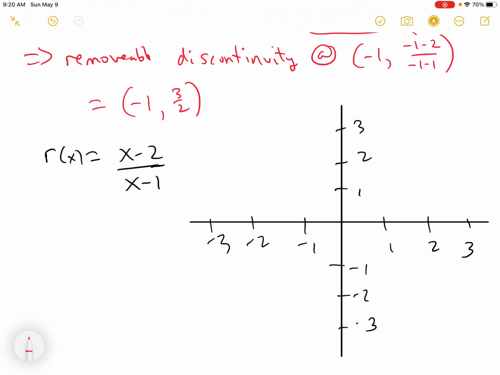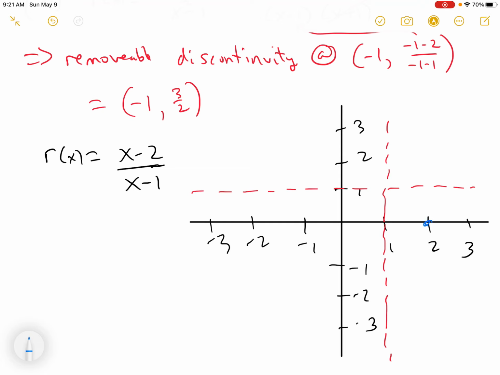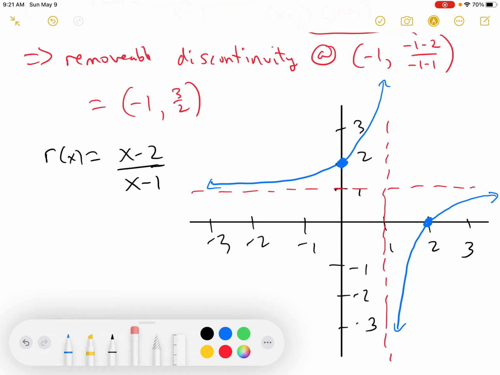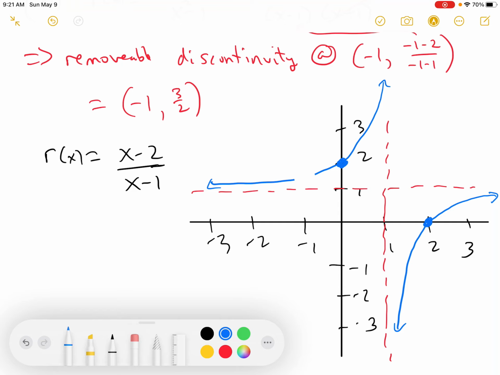So vertical asymptote at 1, horizontal asymptote at 1, the zero at 2, y-intercept at 2, and so this one's pretty clear, isn't it? That, and we know that at minus 1, 3/2, which is right here, we have a hole.